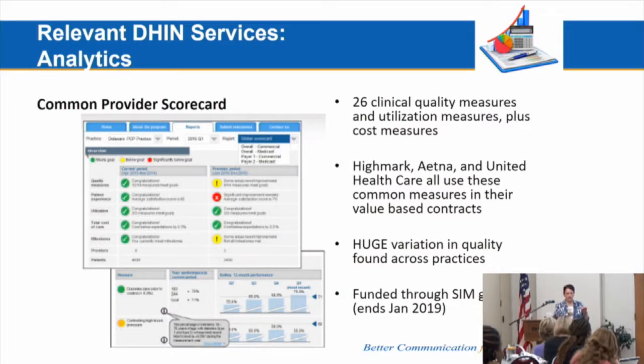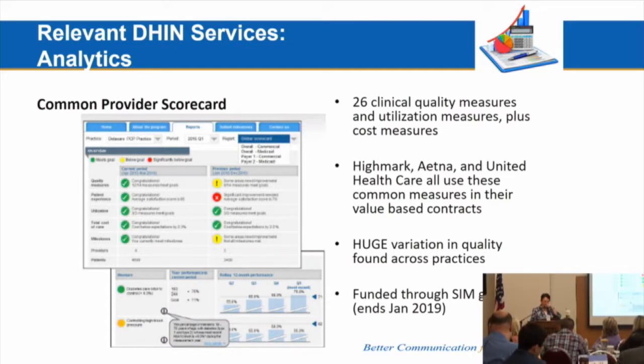Analytics is another service that we have begun to offer. Some of you, I hope, are familiar with the Common Provider Scorecard that is a part of our state innovation model. Again, one of the things that we heard from the provider community when we were doing our planning back in 2013 was, all of the payers that we work with have quality measures that they grade us on.